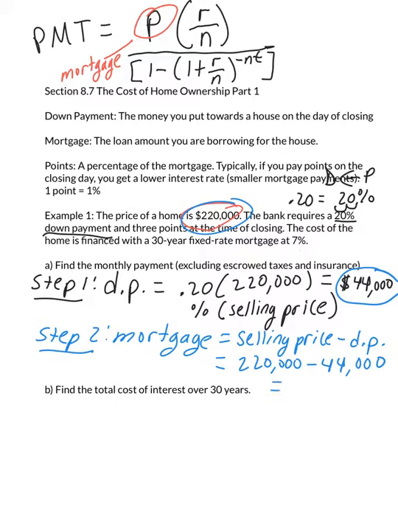After I subtract the $44,000 down payment, I'm left with $176,000 to plug into P, the mortgage P in the monthly payment formula.